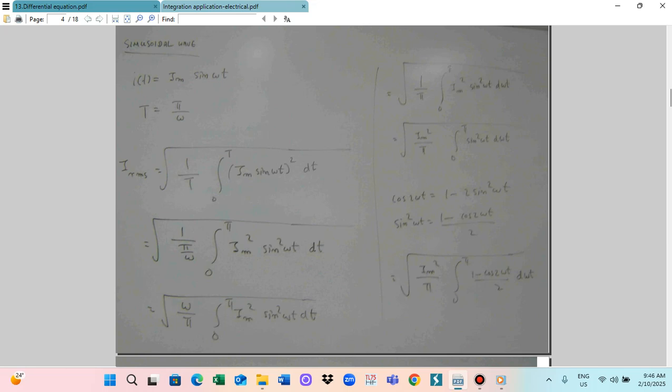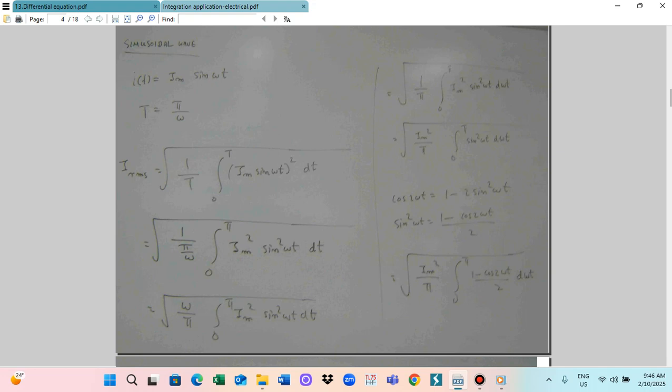So this one we integrate. So this becomes Im squared by 2 pi, into omega t, minus, cos integrated gives the sine. So with 2 omega, this becomes 1 by 2 sin 2 omega t.